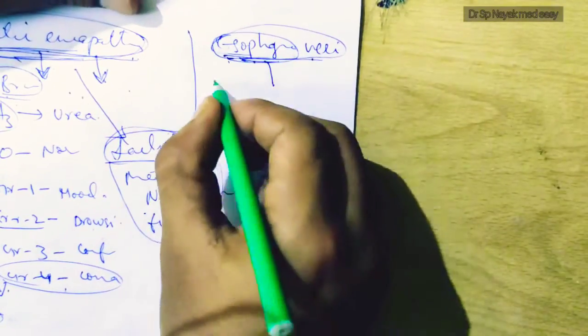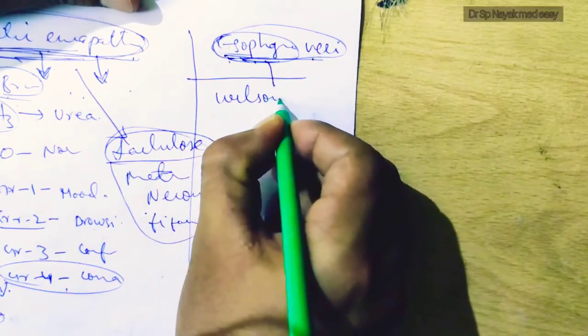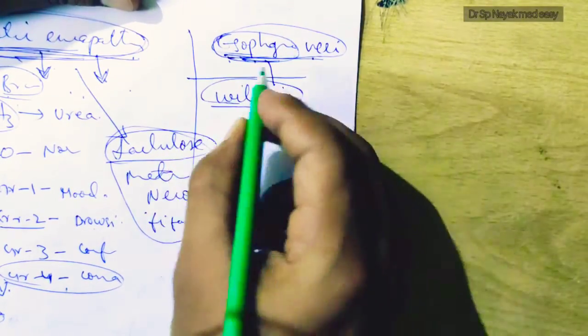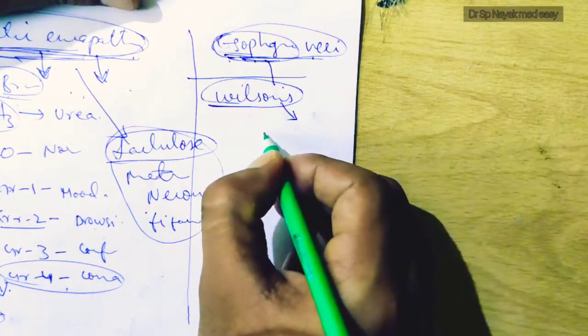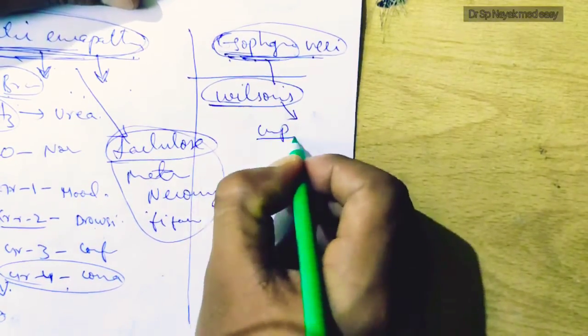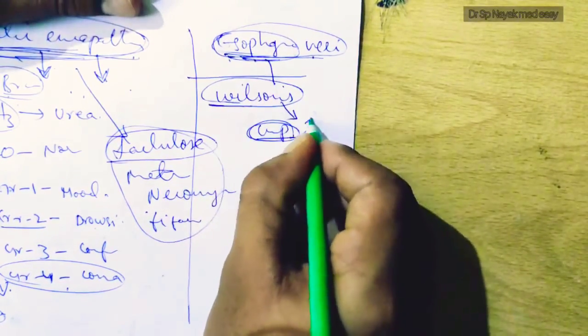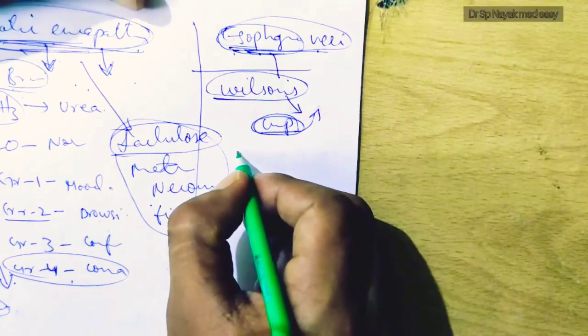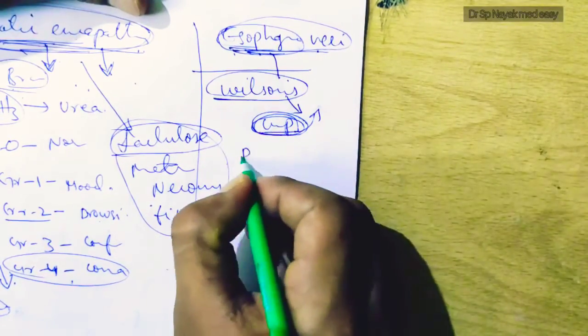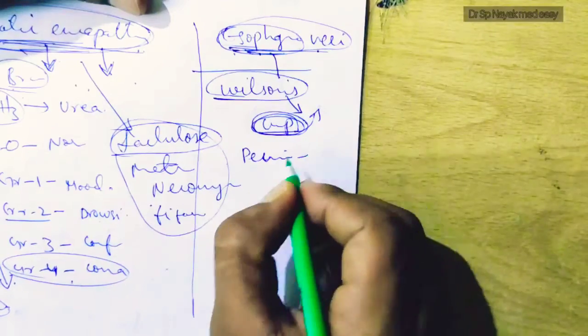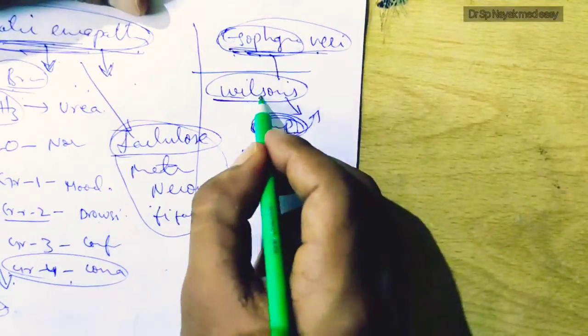Now let us see the treatment for Wilson's disease. I think you understood about Wilson's disease. Previously I was telling that Wilson's disease is usually characterized by accumulation of copper. So copper accumulation occurs, and that causes hepatitis. In Wilson's disease, or usually in copper poisoning, penicillamine is the drug of choice. So penicillamine is given for the treatment of Wilson's disease.